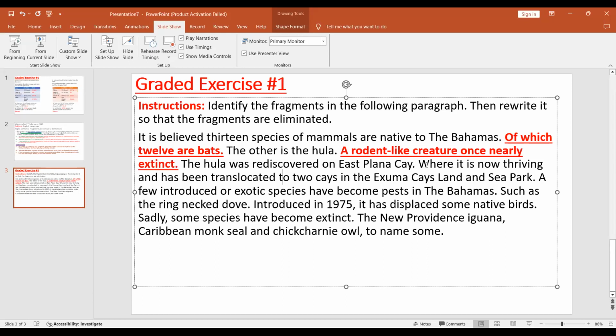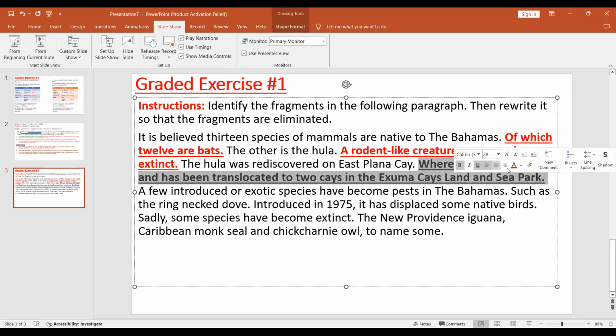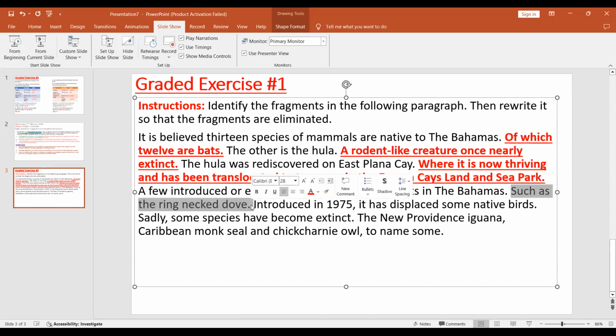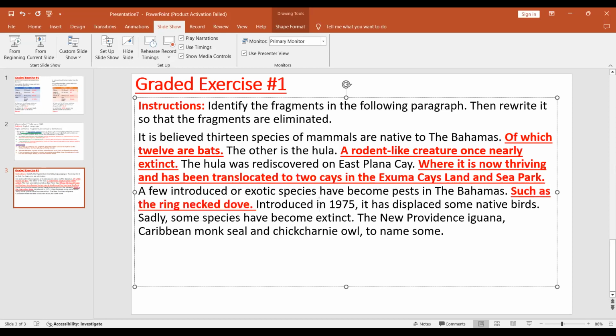Excuse me, Mr. Petit. May I be excused to send you my work, please? I'll come right back. No problem. Where it is now thriving. Thank you. That's another one. Such as the ring-necked dove.